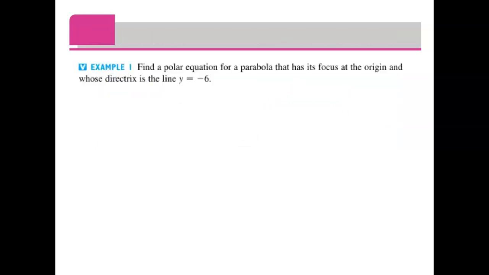So let's mess around with some of these polar equations. Find the polar equation for a parabola that has its focus at the origin and whose directrix is the line y equals -6.